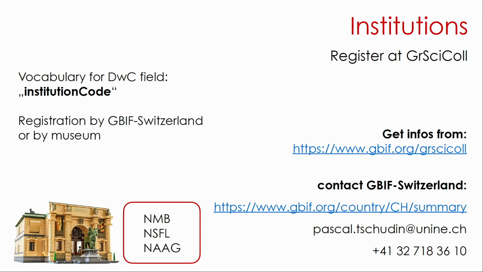For example, now the institution. We would like to have the vocabulary for the institution code. Institution code, you can see down here, that's the acronym of your museum. Your museum, for example, maybe has 4 abbreviations because you're covering 4 languages. But only one should be used.